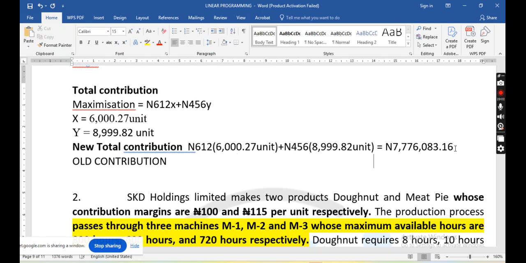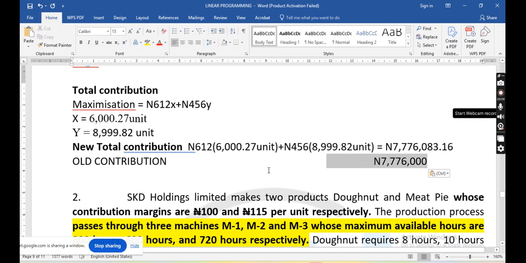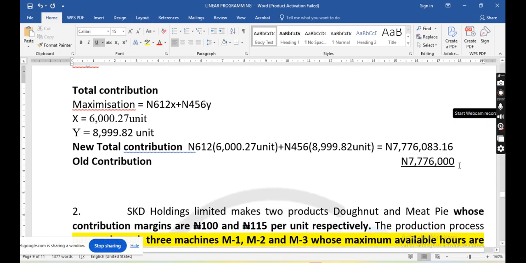Right. So the old contribution is this. This is the old contribution, class. So what is the difference between these two? 83.16. Thank you.